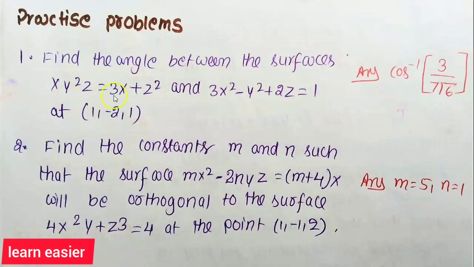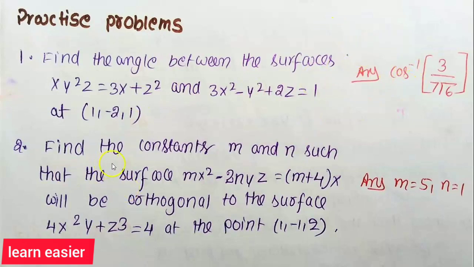So you have to find n1 bar for this function and n2 bar for this function at this point. That means n1 bar is del f1, and here is del f2. Then cos theta equals n1 bar dot n2 bar by mod n1 into mod n2. Then you can get this answer.